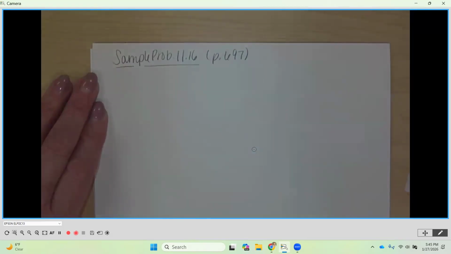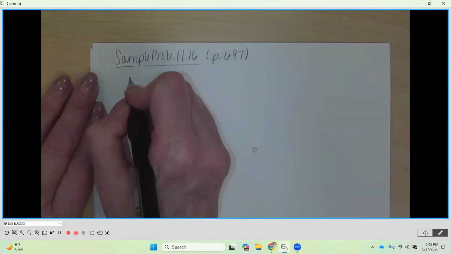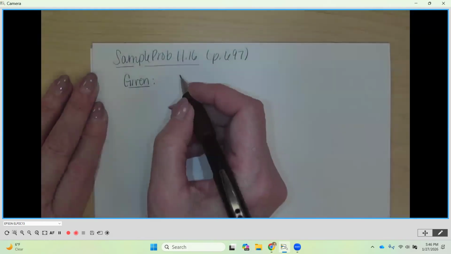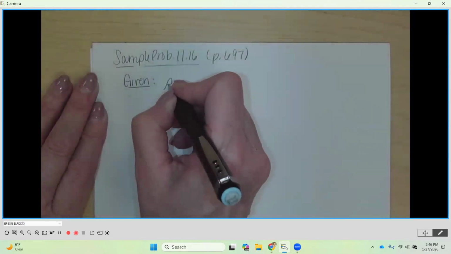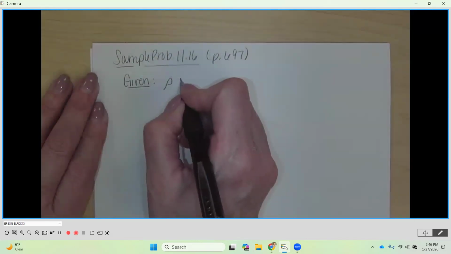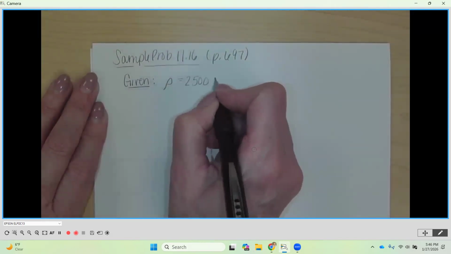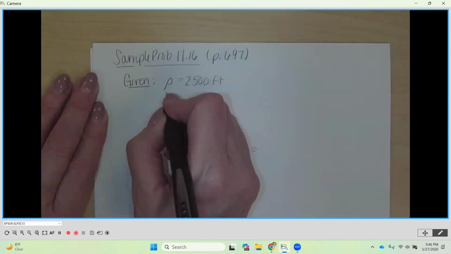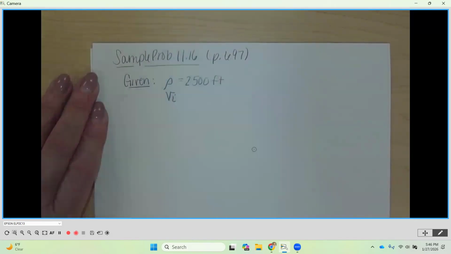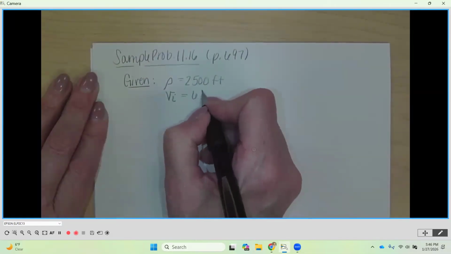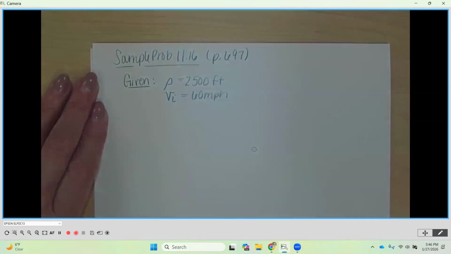Okay. And as we look here, the information given to us is right at the beginning of the problem. It tells us that the radius of the curve, which is going to be this Greek letter rho, is equal to 2,500 feet. We also know that the initial velocity, the starting velocity of the car going around the curve, is 60 miles per hour.